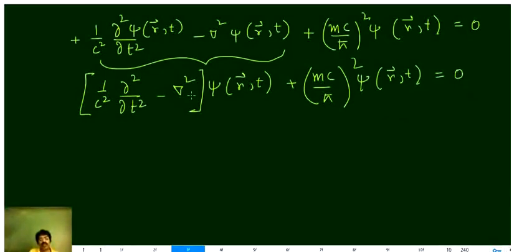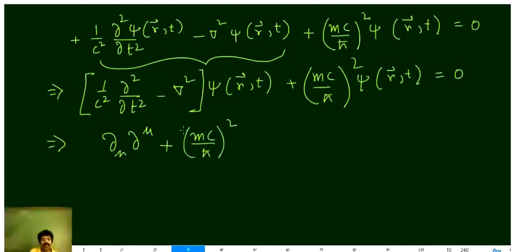Now I told you in the first lecture, and also while doing tensors, that this thing is represented by del mu del mu plus mc by h cut whole square operating on psi, which is a function of space and time, is equal to 0. Now this is the Klein Gordon equation.